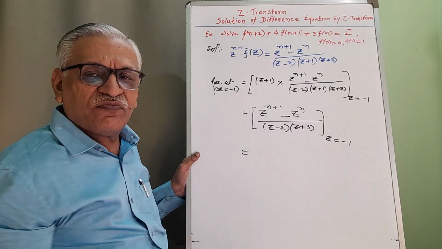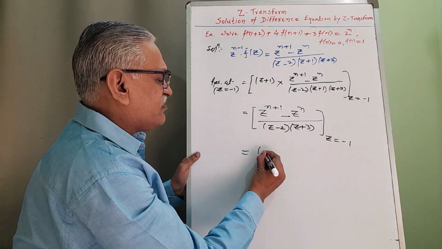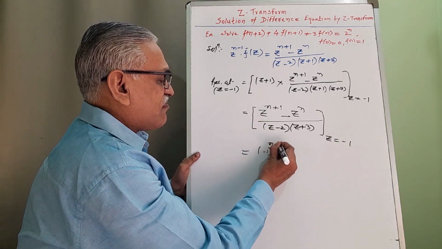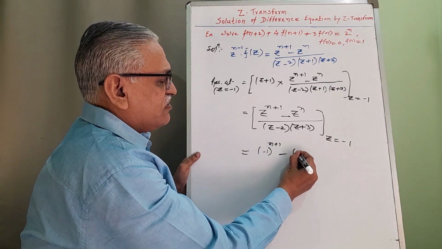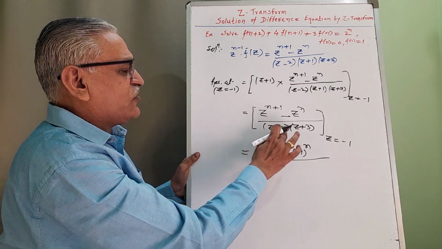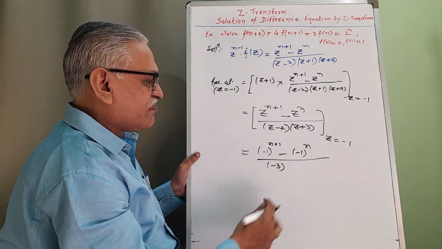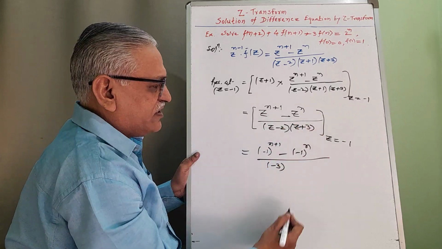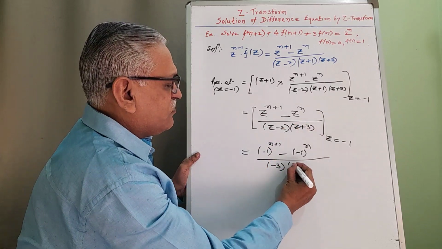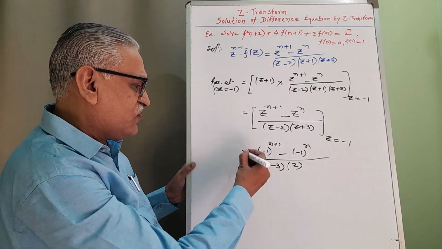Substituting the value, minus 1 raised to n plus 1 minus minus 1 raised to n, whole divided by minus 1 minus 2, that term is minus 3, and minus 1 plus 3, we get plus 2.